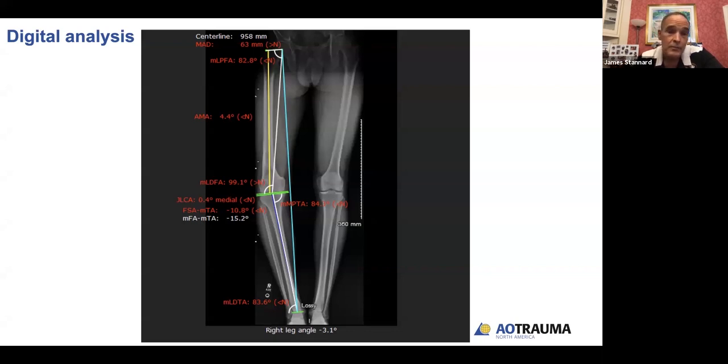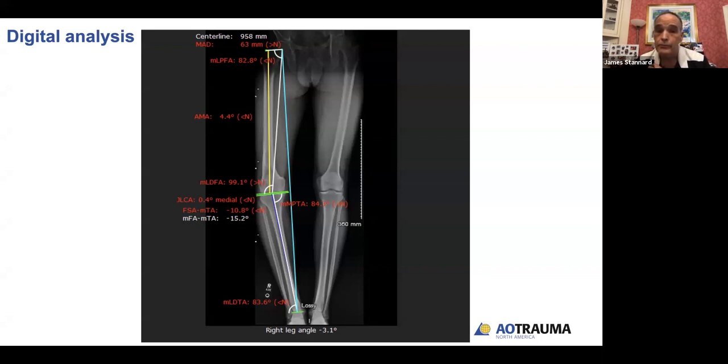Because if you use this particular analysis software, red means it's abnormal. So there's virtually nothing normal in this extremity is what it's telling us first. But I'm always focusing first on the lateral distal femoral angle and the medial proximal tibial angle, and they're both abnormal. The medial proximal tibia is much closer to normal than the lateral distal femoral, but they're both abnormal.